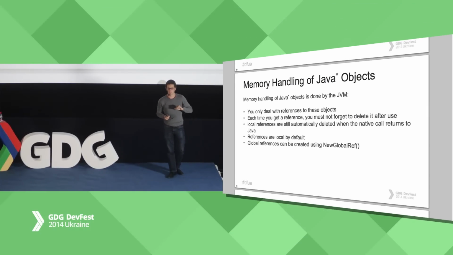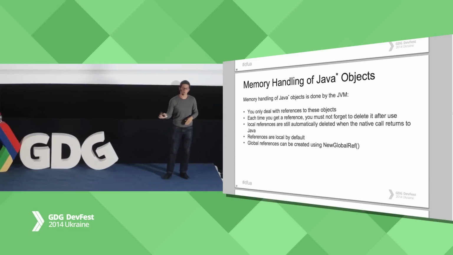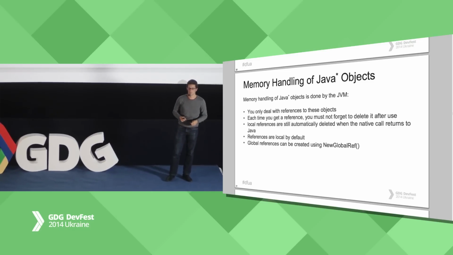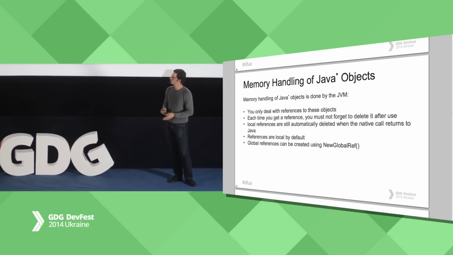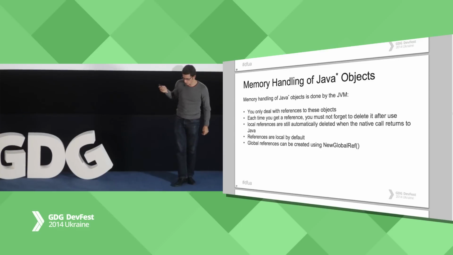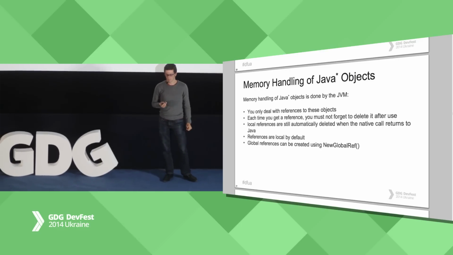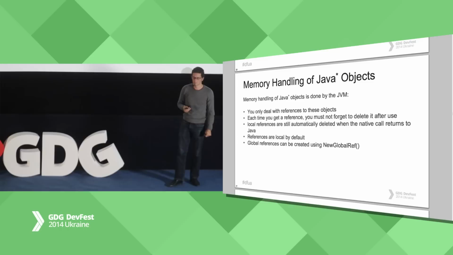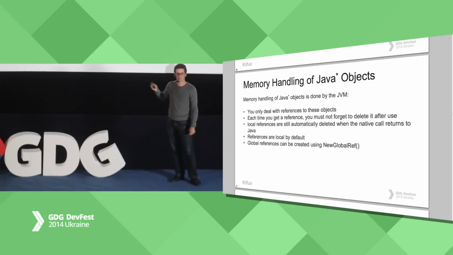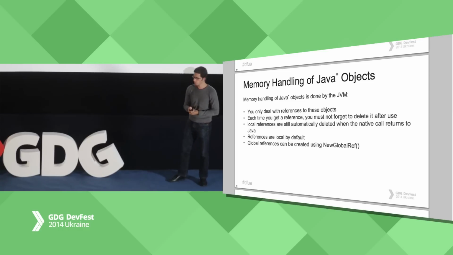It's only when the execution returns to Java that your local references are deleted, and the garbage collector can collect everything. But the number of local references you can handle at the same time can be as low as 16. Sometimes it's more, but it can be really low. So you need to explicitly call delete local reference to keep this number as low as possible.